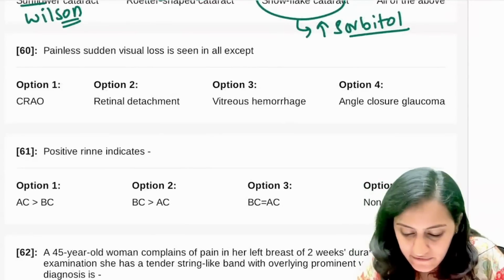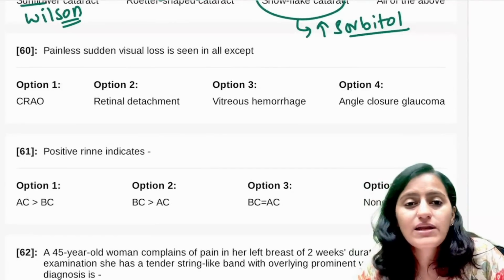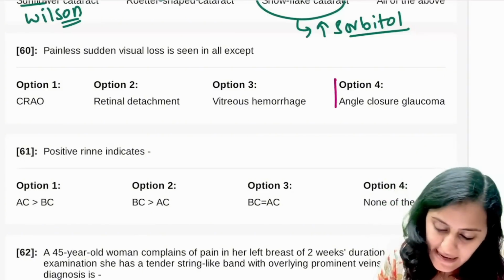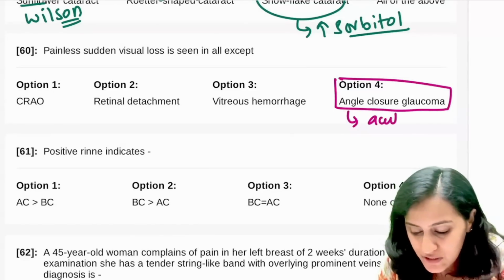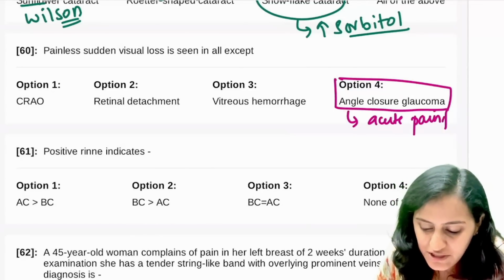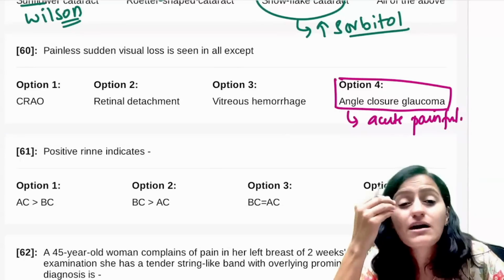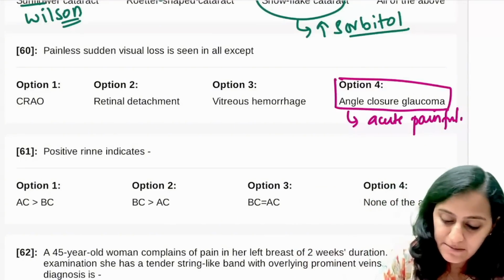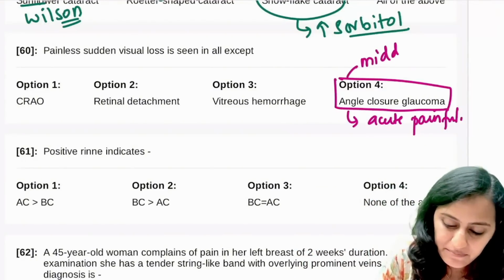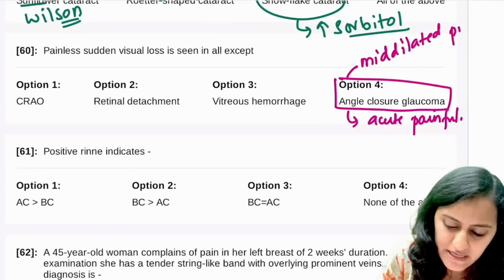Painless sudden visual loss is seen in all except. Remember, angle closure glaucoma is an acute painful condition. The patient presents with acute pain in the eye. It is not painless. Fixed mid dilated pupil होता है उसमें.